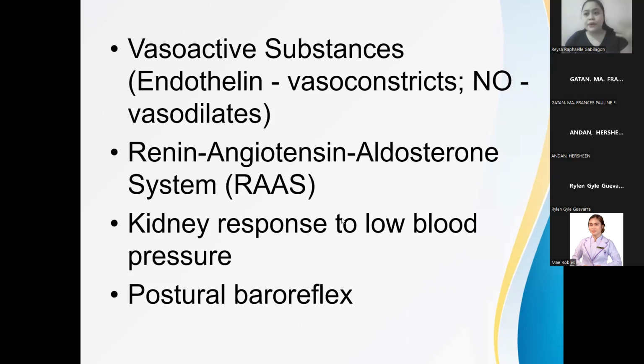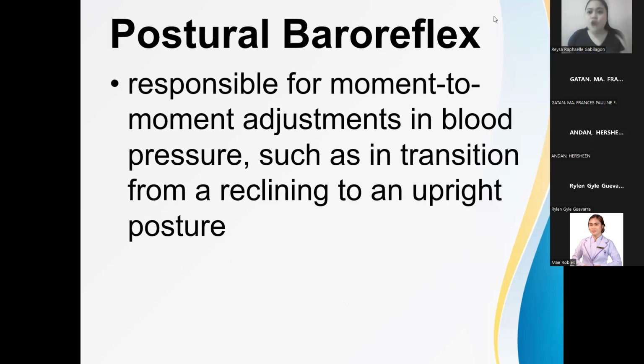So, for example, if we have injuries in our kidneys, problems sa kidneys natin, that will also lead to abnormalities in our blood pressure. So, the other way around yan. And we have the so-called postural baroreflex. Let's talk about that first before we move on to other things that regulate our blood pressure.